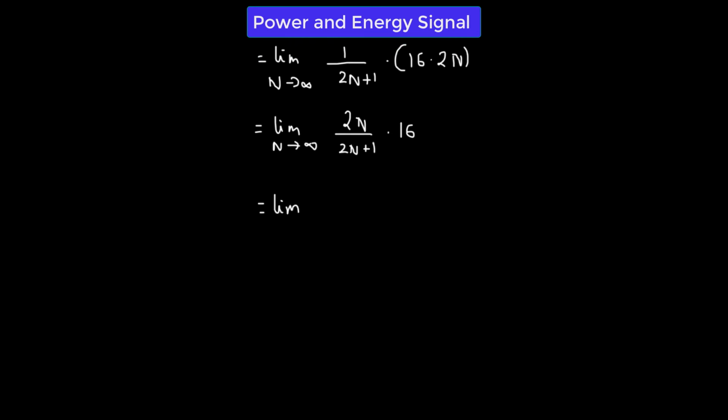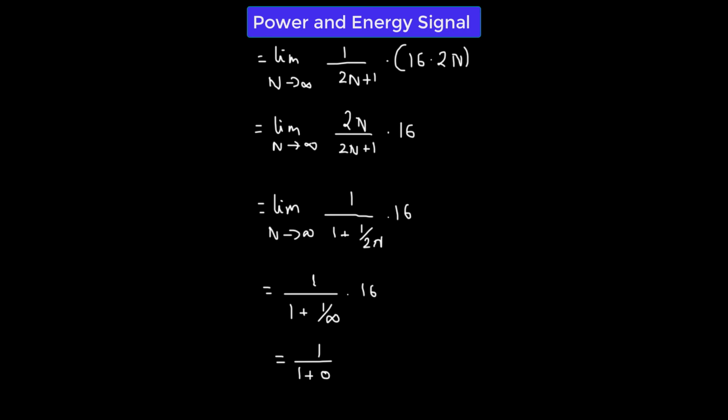So that gives us the limit as n goes to infinity of 1 divided by 1 plus 1 over 2n, times 16. Now substituting the value of the limit, that gives us 1 plus 1 over infinity, times 16. So we have 1 over infinity is 0.